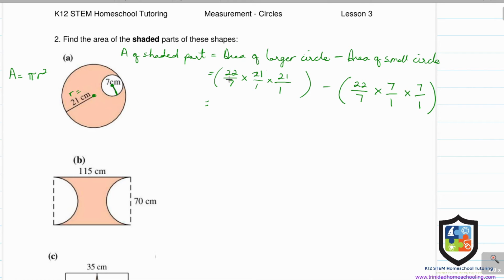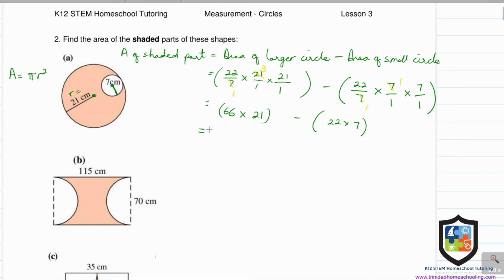So 7 divided by 7 is 1, 21 divided by 7 is 3. So I got rid of that 7 there. So now I have 22 multiplied by 3, which is 66, multiplied by 21. And then when I find that area, I'm going to subtract from it. And on this side, my 7s here could cancel, and I'm left with 22 multiplied by 7.